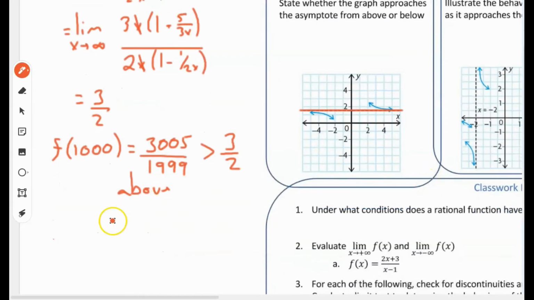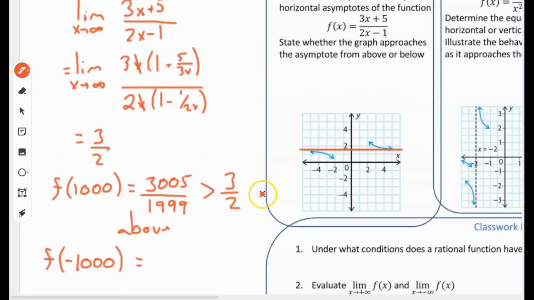What about negative infinity? Well, just choose a number that's really, really large in the negative values. So negative 1,000. Okay, so you have negative 1,000. And we should get, actually, just realized that should be 3,005, and this should be like that. There we go.